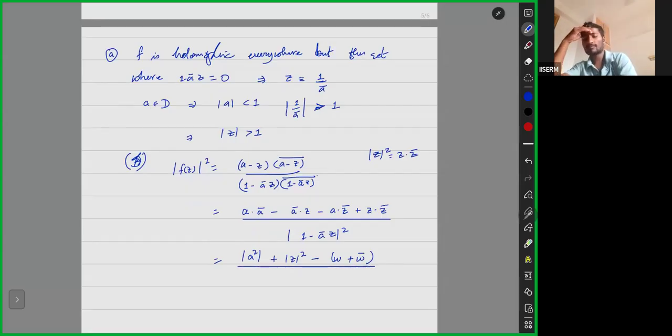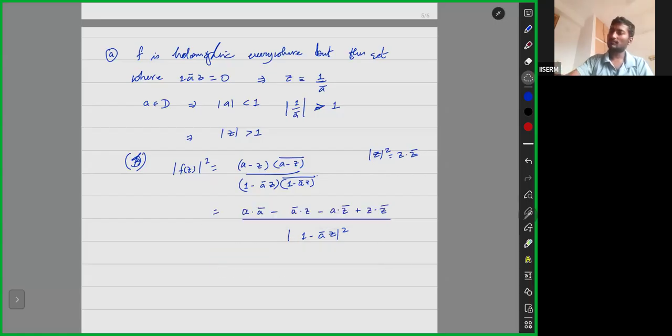Is this going to work if mod z whole square is less than or equal to 1? It's not going to work. So let's put 1 minus the modulus of this.